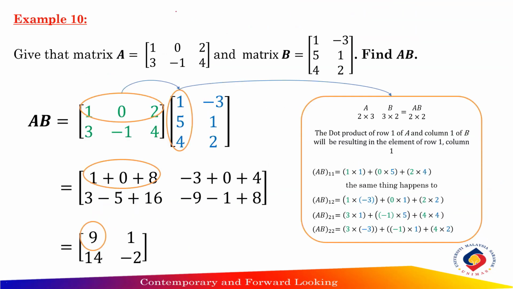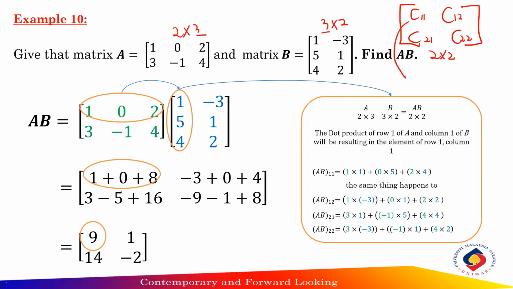Okay, now look at example 10. You are given matrix A of order 2 by 3 and matrix B of order 3 by 2. These two matrices can be multiplied because the number of columns of matrix A equals the number of rows of matrix B. It will give you a matrix of order 2 by 2 with elements denoted by C11, C12, C21, C22.